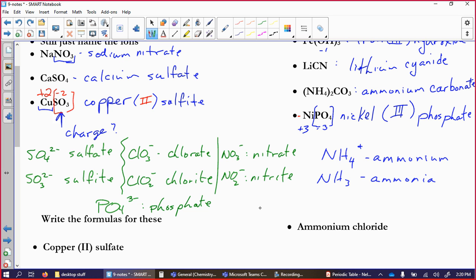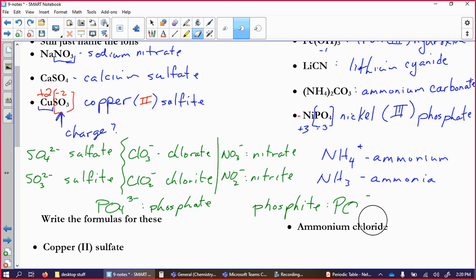So if phosphate is PO4 3 minus, phosphite is going to be, now this has 4, so the ite is going to have 3.